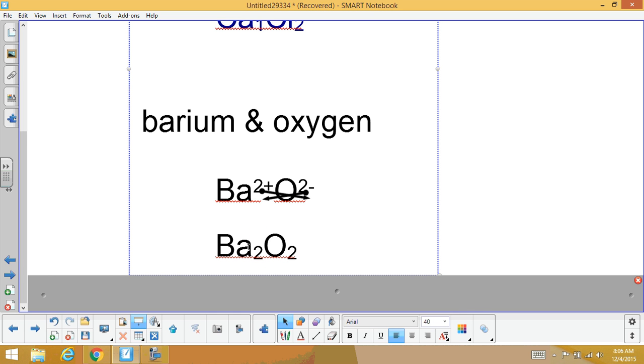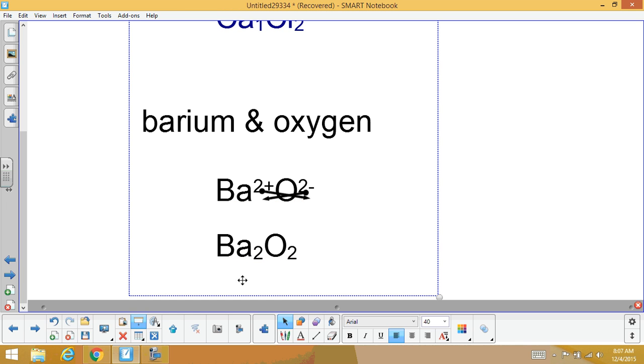So Ba2O2. Now, the last rule that we had yesterday, dealing with the combining of elements to make a formula, was if we had 2 common numbers or 2 numbers that are divisible by each other, we can reduce it. This is definitely reducible.